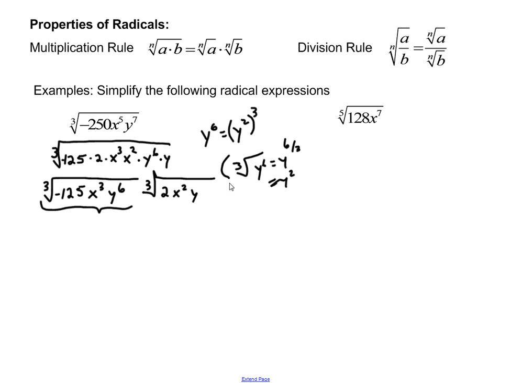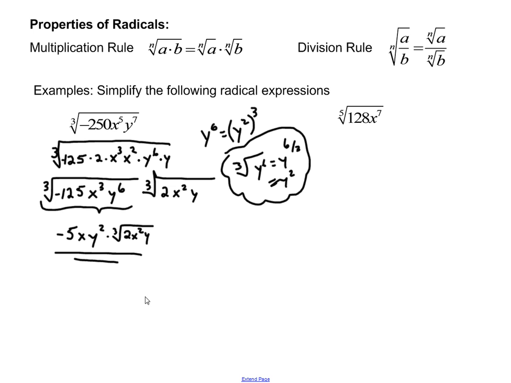Now I'm not going to repeat that each and every time, but I can treat this as the cube root of negative 125, which is negative 5, the cube root of x cubed, which is just x, and the cube root of y to the sixth, which we've established is y squared. And we're going to be multiplying that by the cube root of 2 times x squared times y under the radical. There's nothing else we can do to simplify that, and so we're done. There are no more perfect cube factors.